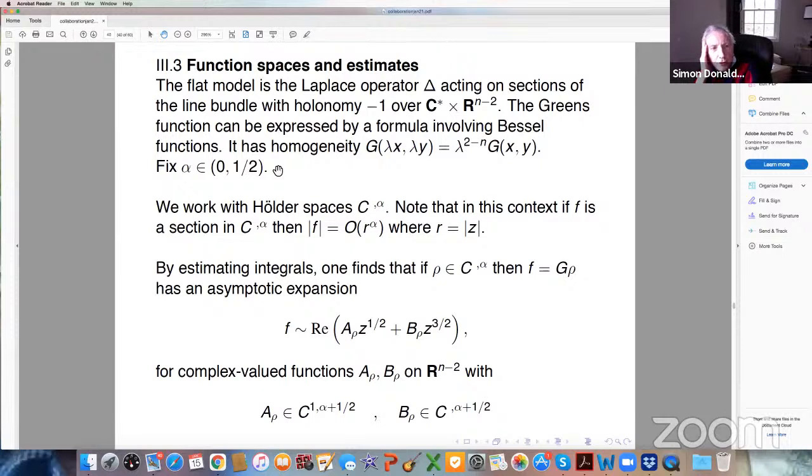In this situation, because of the non-trivial holonomy, sections that we're going to consider are forced to vanish at the origin. If a function is in C^alpha, that implies also a growth bound: the size of the function is order r to the alpha, where r is the usual distance in the C coordinate.